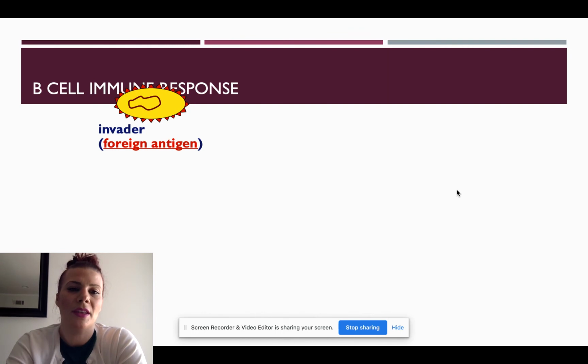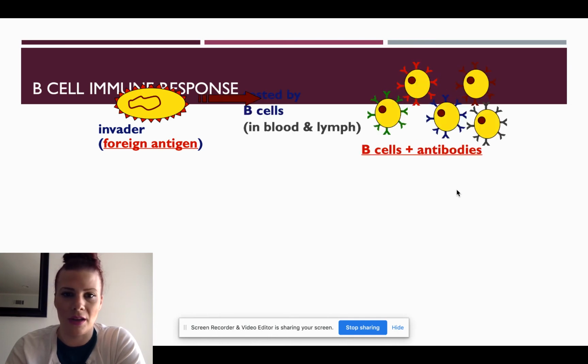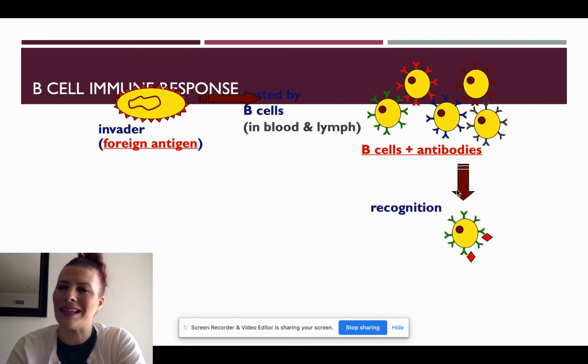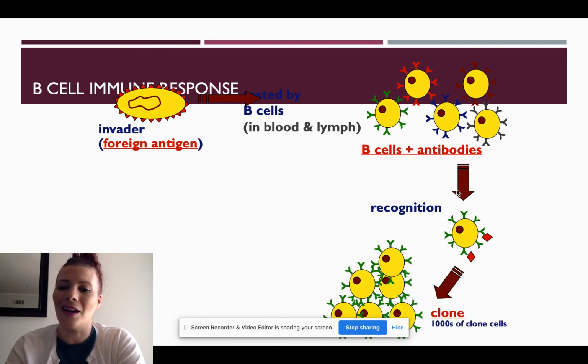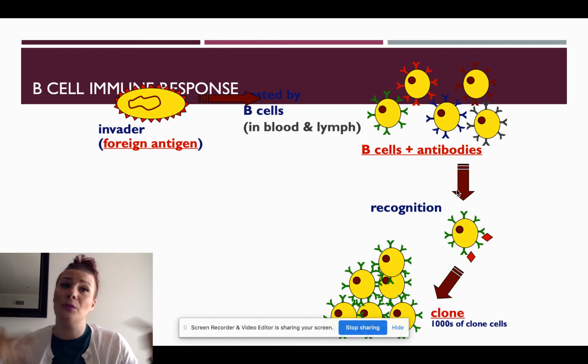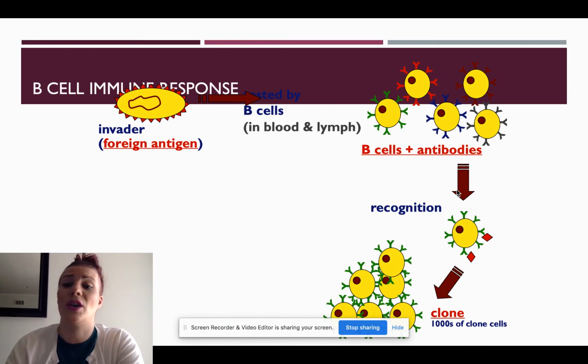So let's talk about the B cell, how it works. A foreign invader comes in, not supposed to be there, foreign antigen, not good. So your B cells with those antibodies are going to get wind of this. They're going to start to recognize and be like, hey, this isn't supposed to be here. From there, they're going to make a bunch of copies of those antibodies because they're going to be like, we need to rev up and get our army because this thing is trying to attack us and kill us, right?